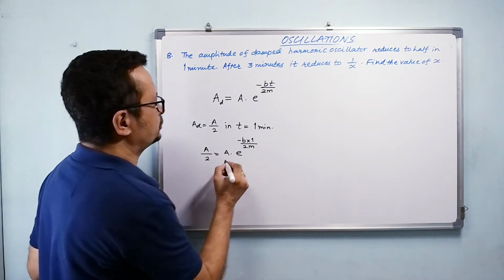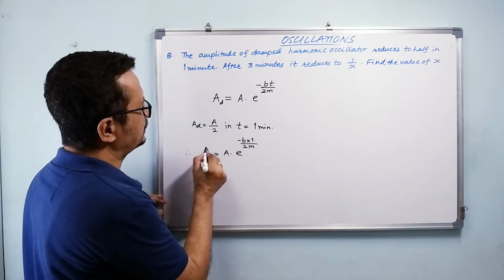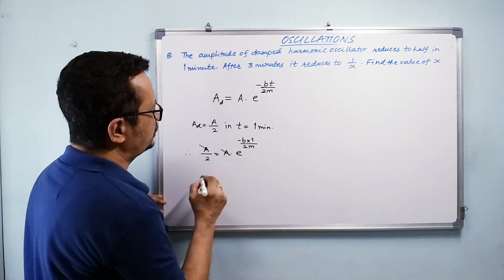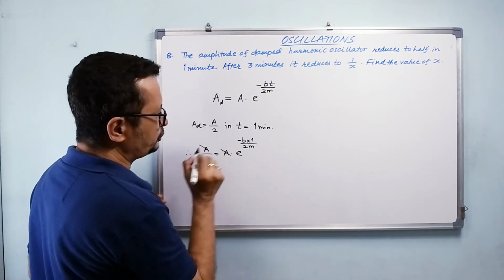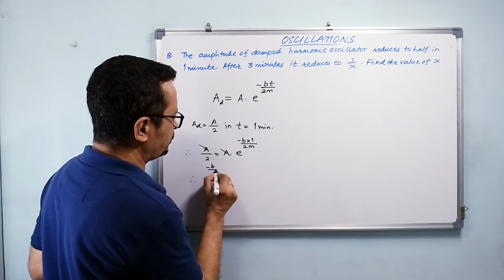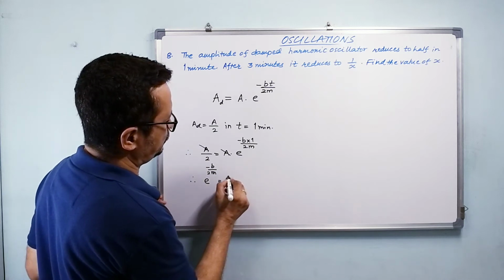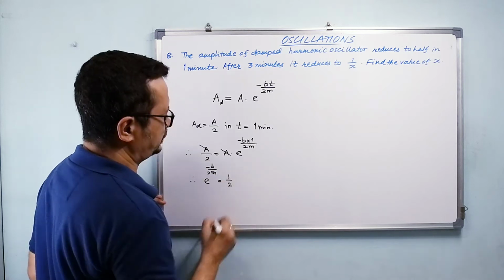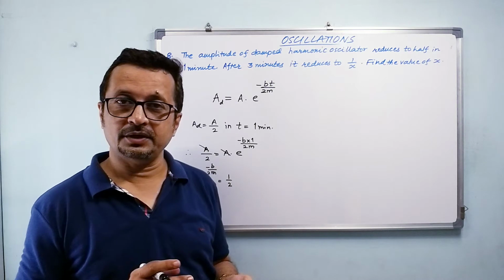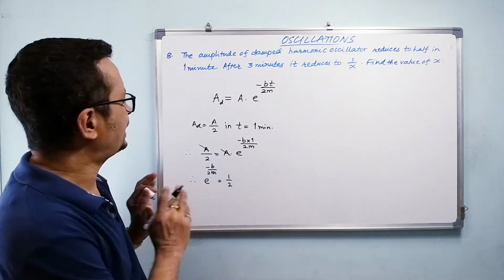This A I can cancel, so I can write e raised to power minus b upon 2m is equal to 1 by 2. Now do I know b? Do I know m? No, I don't know. So let us keep it as it is.